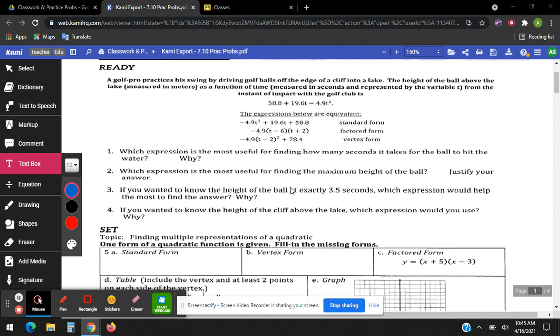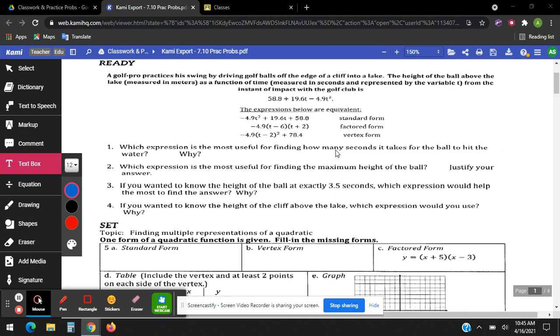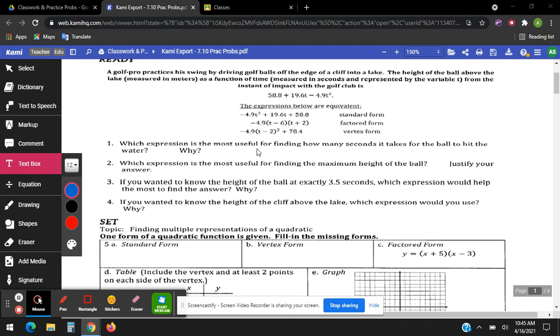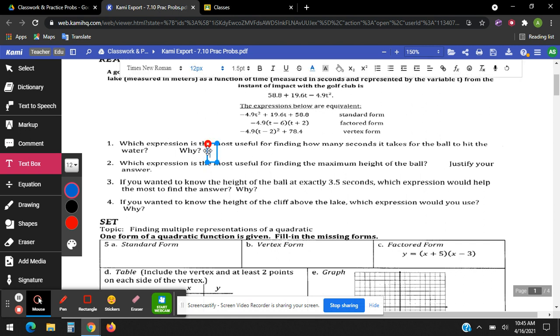Which expression is most useful in finding how many seconds it takes for the ball to hit the water, and why? Well, that means the height would be 0. If we're looking for the height to equal 0, that would be the x-intercepts, right? Because the height is our y.